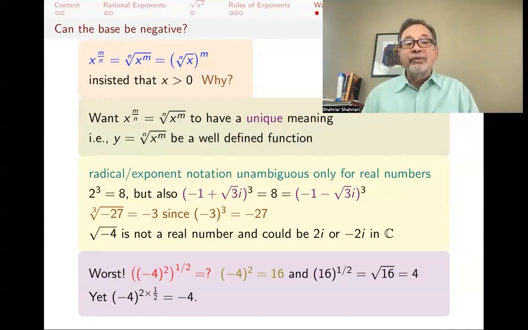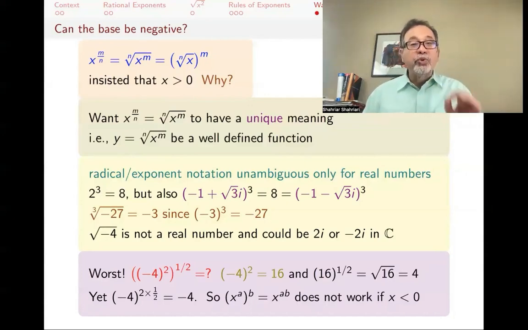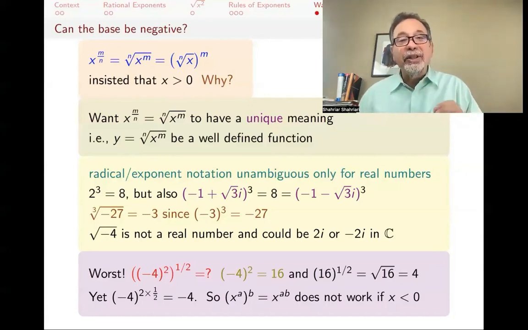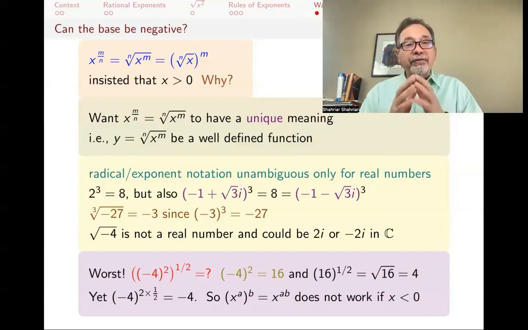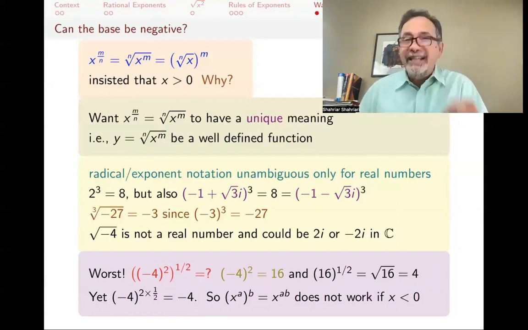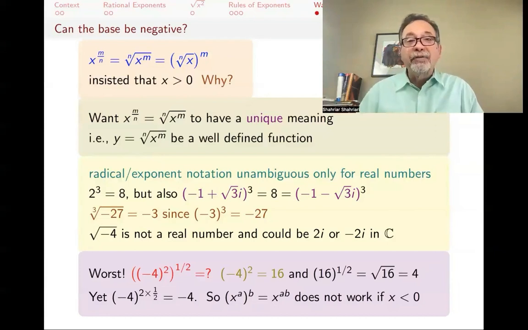That does not work. We see that if we allow bases to be negative, then rules like x to the a, to the b, equals x to the ab do not work. And that's why we want to limit ourselves to when the bases are positive real numbers. And the reason I don't want it to be 0 is because sometimes the exponent might be negative, and then that will end up giving you a 0 in the denominator, and that's a no-no as well.